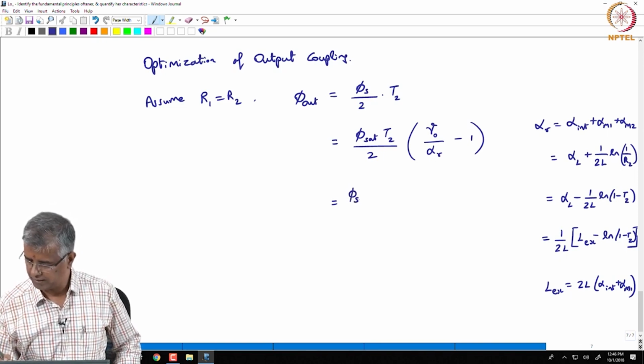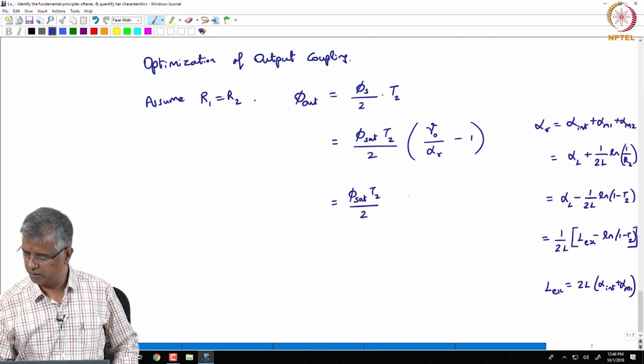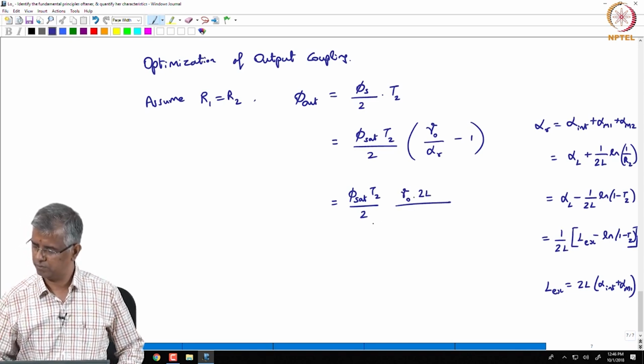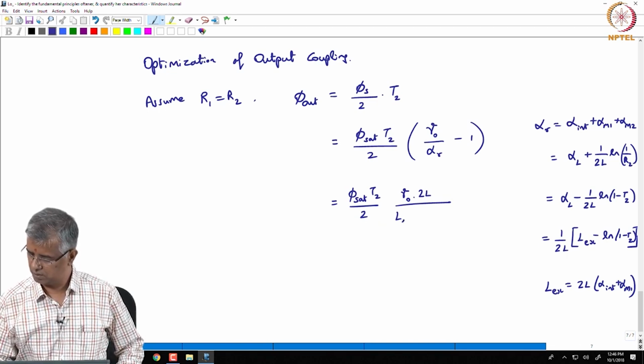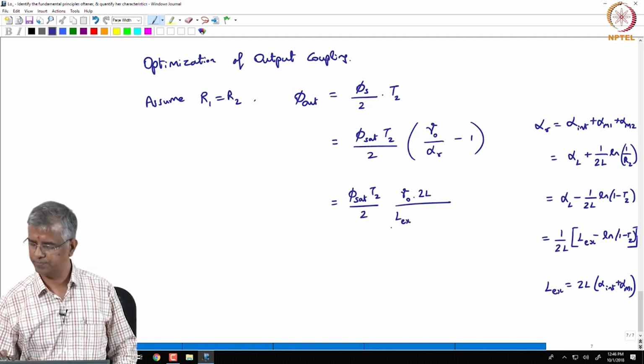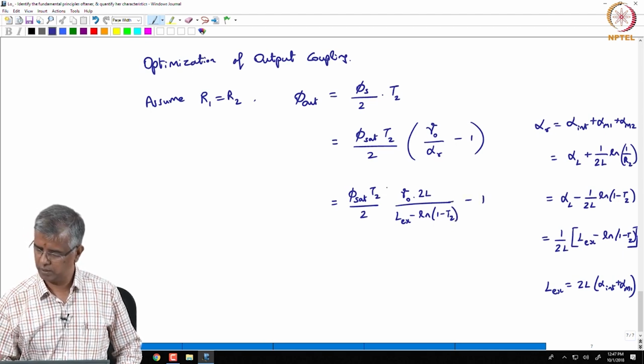So, I will have phi sat T2 over 2, and here I am going to have gamma naught multiplied by 2L divided by this loss factor Lx, minus ln of 1 minus T2, minus 1.